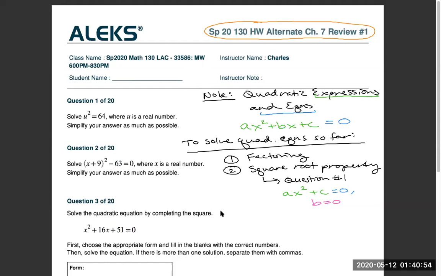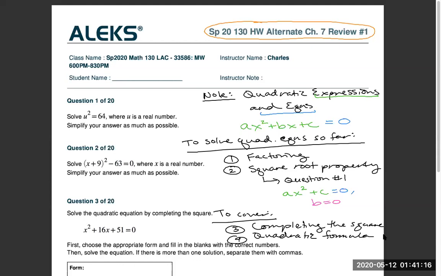So the ones we still have to cover, we're going to cover completing the square. And then from there comes the quadratic formula.